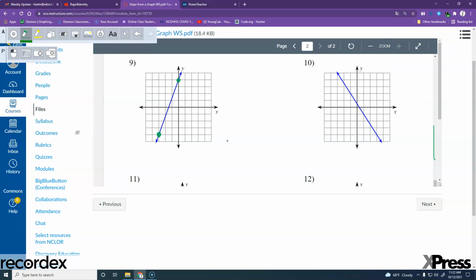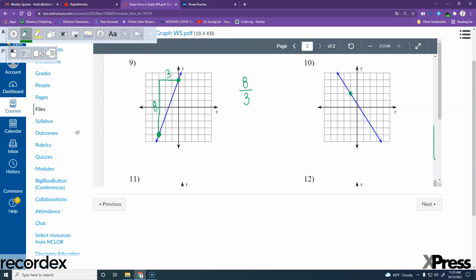So if you just ignore the signs altogether, that is 8 that you have to go up and 3 that you have to go left or right. So if you do 8 over 3, right, because it's got to be up or down first, 3 on the bottom, then I just know the answer is going to be positive because that line's going up from left to right.